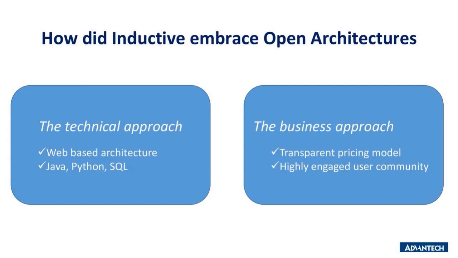And this is equally open: a very fixed, transparent pricing model, and also a highly engaged user community that they really foster through free training and by enabling this community out there. So you find a lot of opportunity with engineers that adopt Ignition.